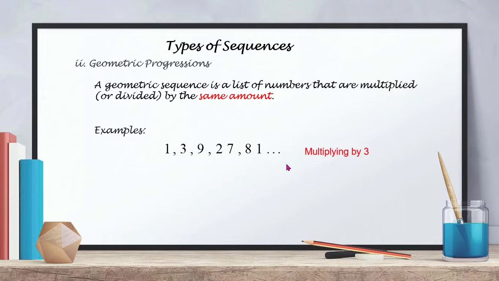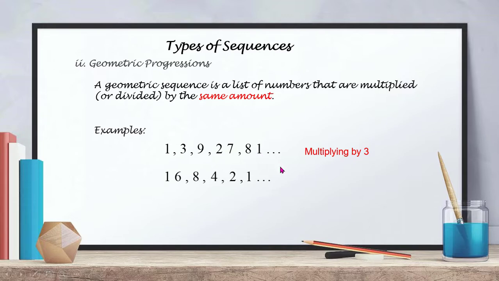This geometric progression is progressing by multiplying the preceding number by 3. 1 multiplied by 3 is 3. 3 multiplied by 3 is 9. 9 multiplied by 3 is 27. And 27 multiplied by 3 is 81.